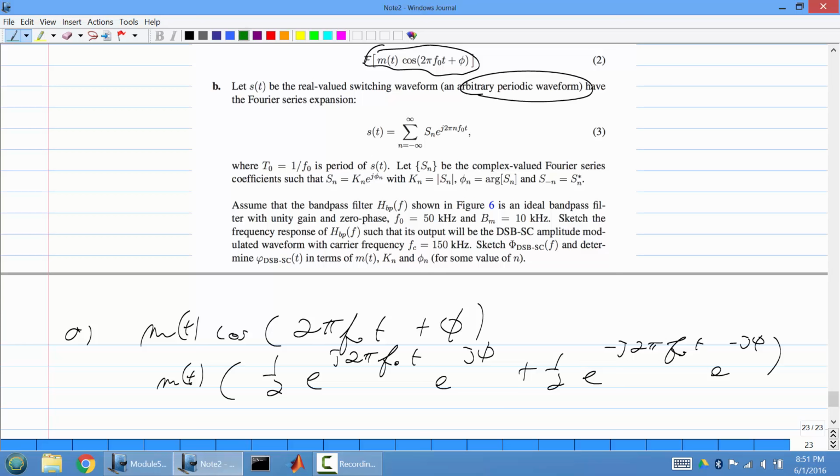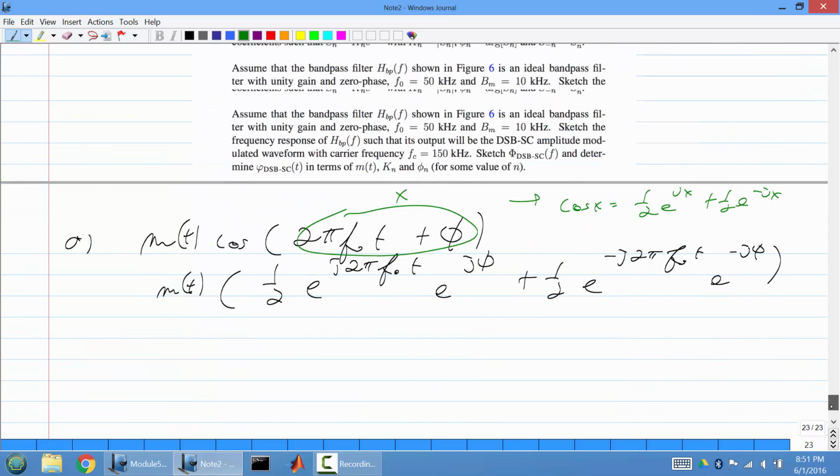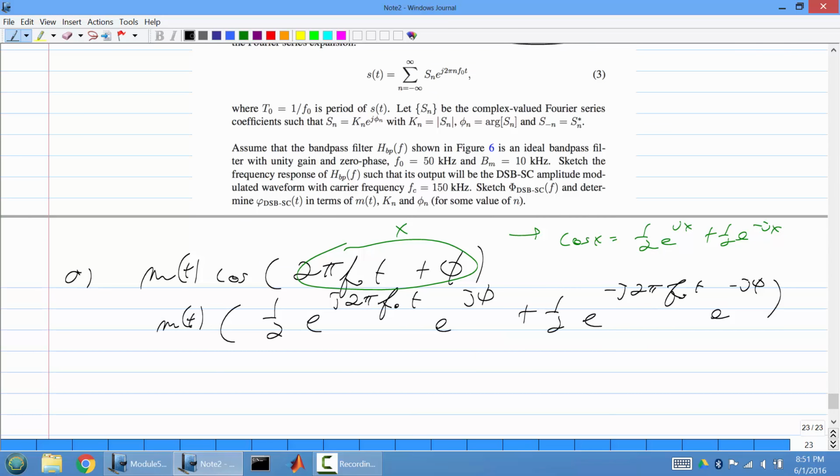The reason why is because you can consider this as x, and cosine of x is equal to 1/2 e to the jx plus 1/2 e to the minus jx. And because we have an addition of both, you can split this up and make that a multiplication of the two bases.